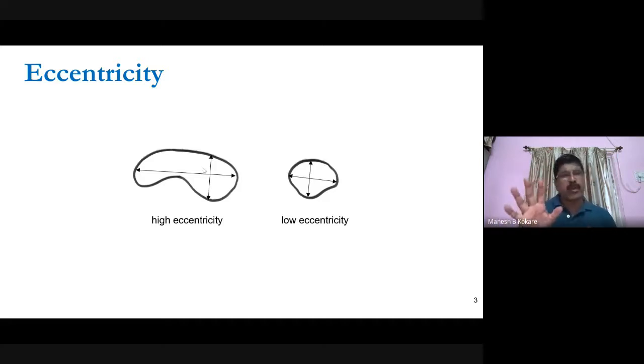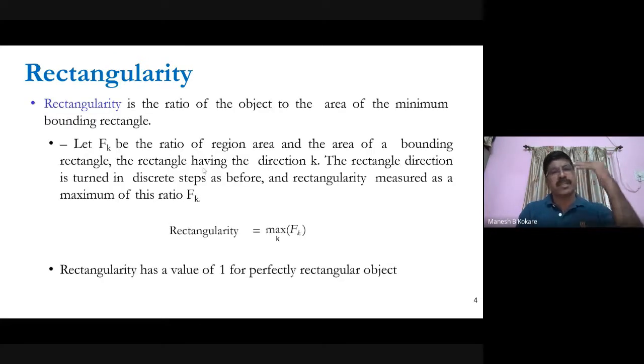So these are the advantages of scalar features such as eccentricity: you can obtain rotation, translation, and scale invariance. But what is the disadvantage? You cannot reconstruct the object back from those values. This is applicable for eccentricity, and also for rectangularity, which is translation and rotation invariant, and you can obtain scale invariance by normalizing.